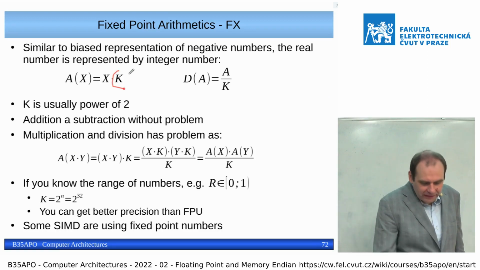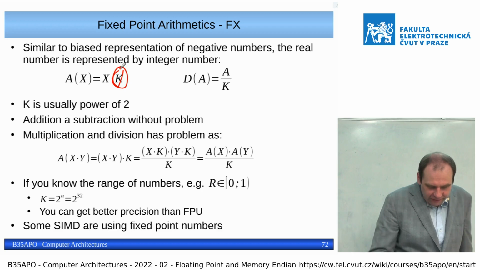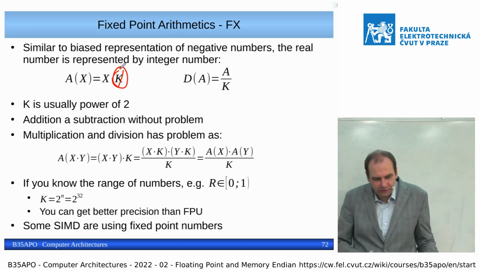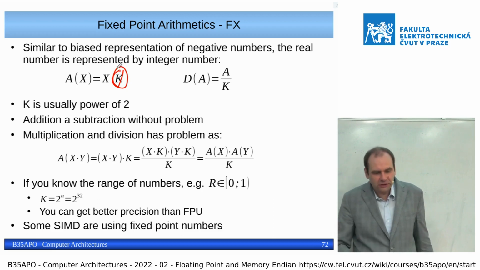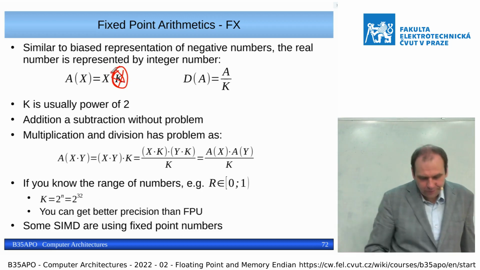But the problem is that we have that k, which in this case is not a shift, but it is that representation of the smallest fractions with which we want to work.